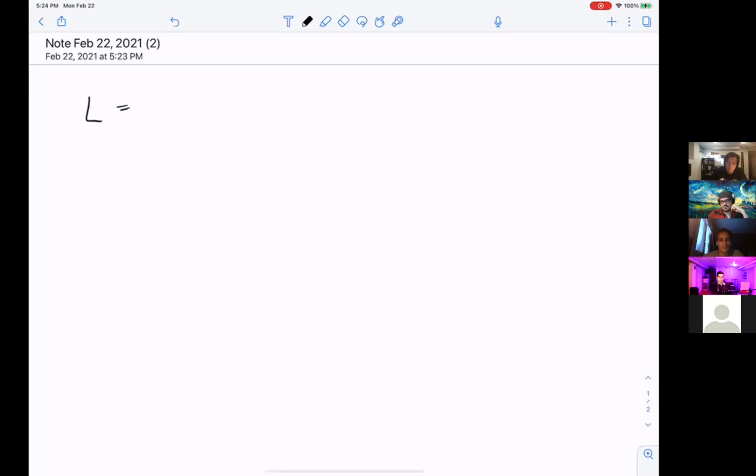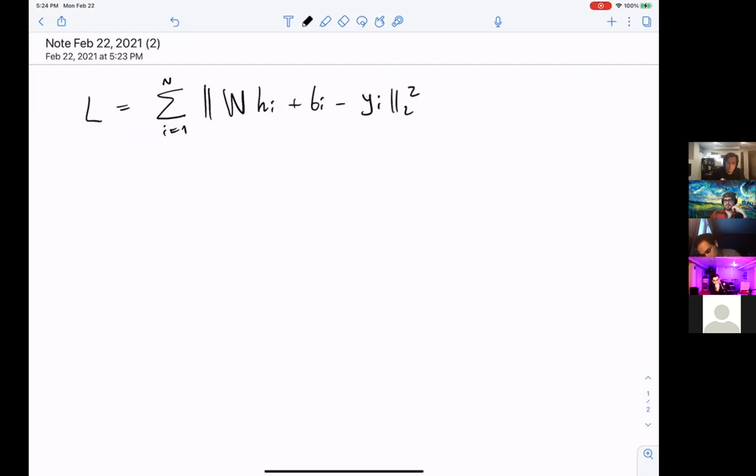So the loss of the network is equal to the sum over n examples of W h_i plus b_i minus y_i, L2 norm squared.